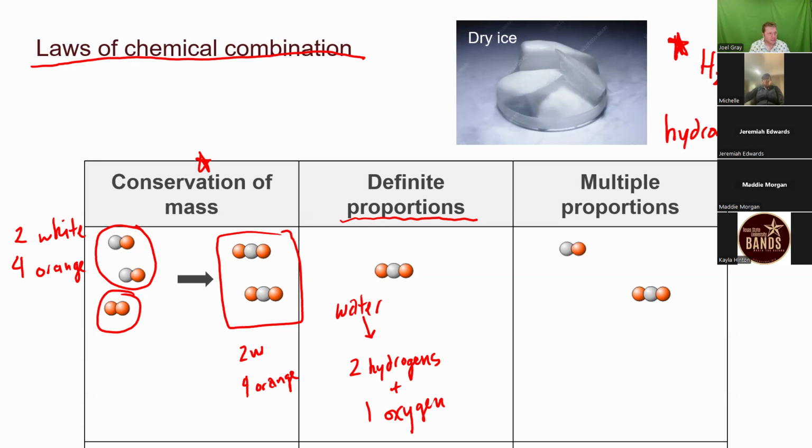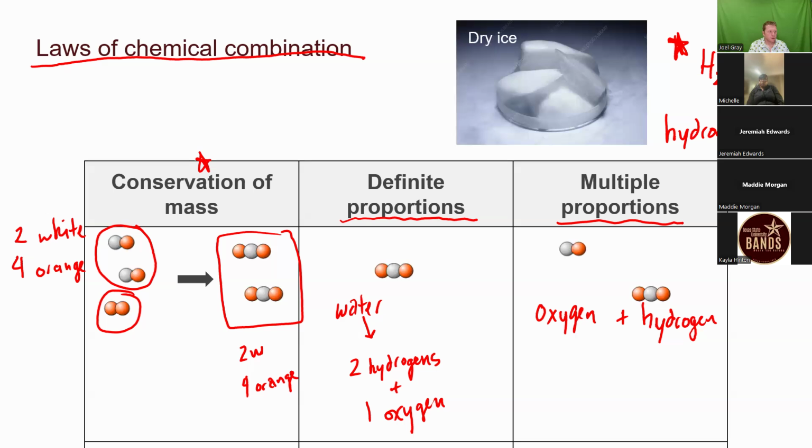Now, with that said, however, there's also a law of multiple proportions, where this gives us a sense of, well, oxygen and hydrogen are 2 atoms, and what they can do is they can combine with one another and make different substances.